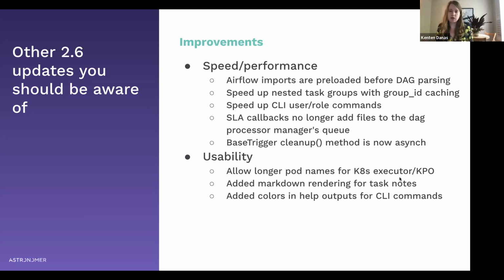So that was increased. If you use task notes a lot, so adding notes to your task instances or DAG runs in the UI, you can now do those in Markdown, which also means you can add them in Markdown in your DAG file and they'll be rendered as task notes. So super helpful for documentation there.